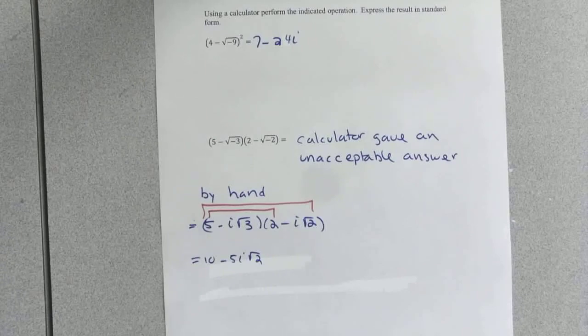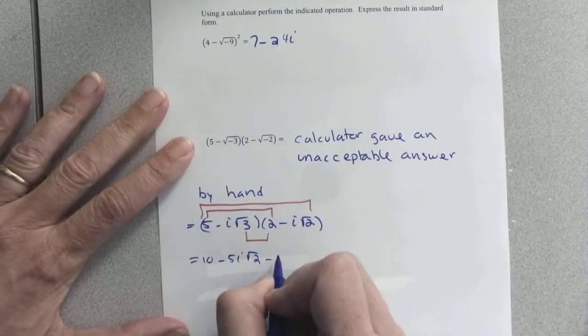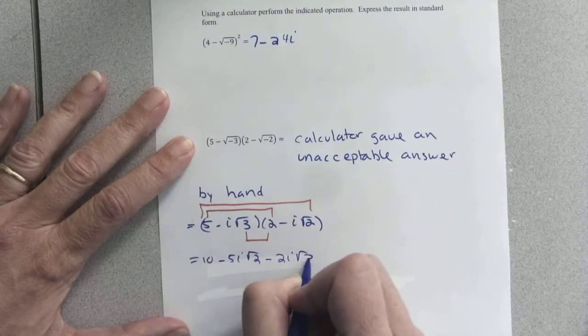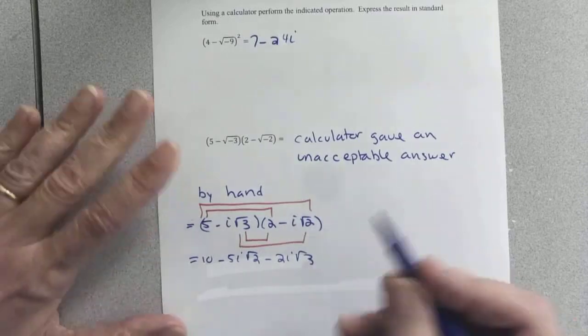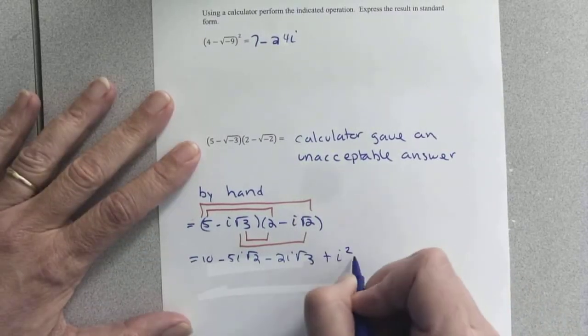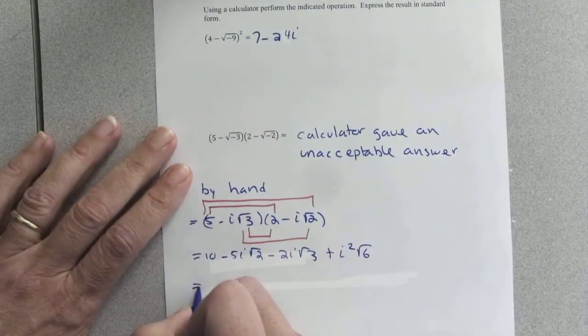Well, all I can do is negative 5I square root of 2. Inside, all I can say there is that's negative 2I square root of 3. And on the end, that's going to be plus I squared square root of 6.